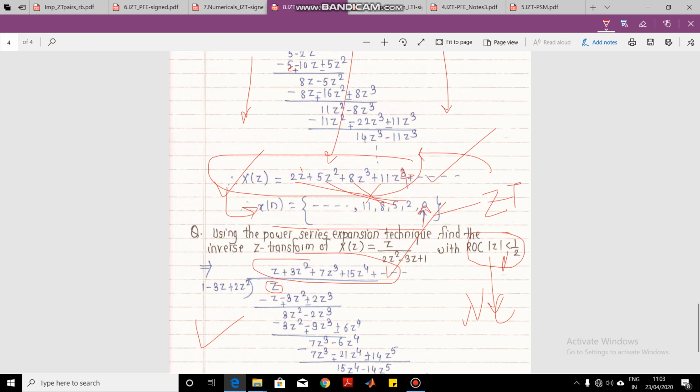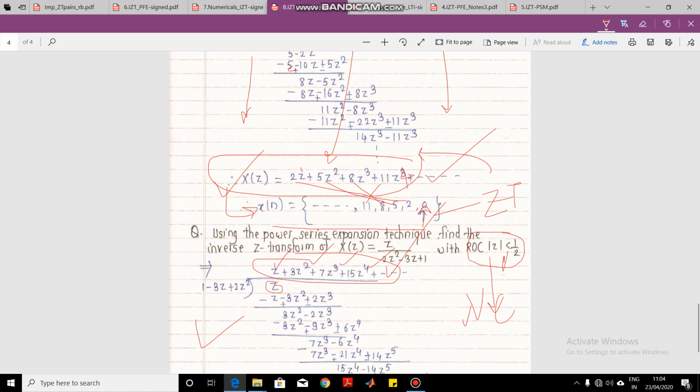Now here we cannot take 2z square multiplication, we have to start with 1, because if I take z here, I will get the positive power. Similarly, in the second case I want 3z square, so if it is 1 here and I multiply by 3z square, I will get a positive power of z again and again.